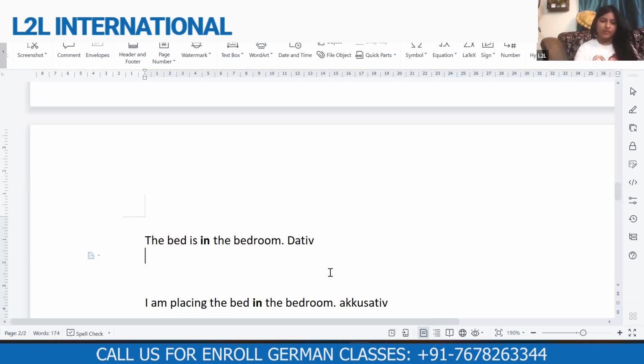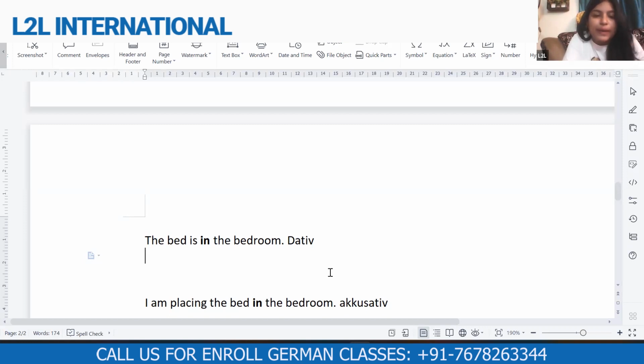You know the word for is, ist. So how do we say? Only the article after in will change to dative. Rest everything is the same. Try. How do we say it? The bed is in the bedroom?